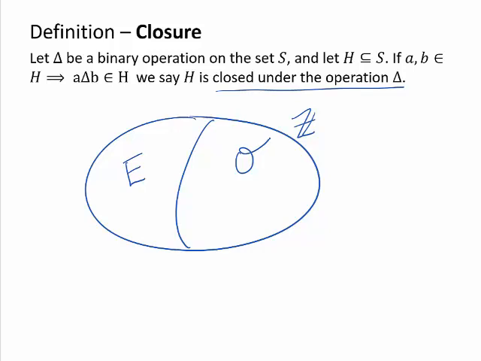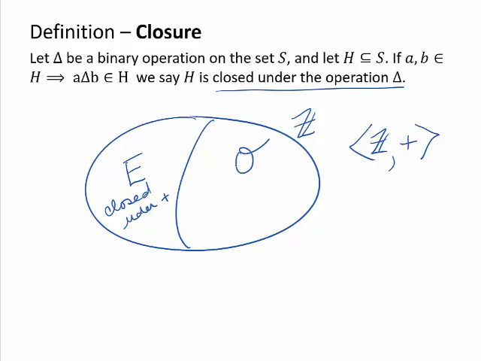One of them is closed under the operation of addition, and one of them is not. So we're considering Z under the operation of addition, Z together with the binary operation plus. E, well, if you add two even numbers, you get an even number. So we say that E is closed under addition.